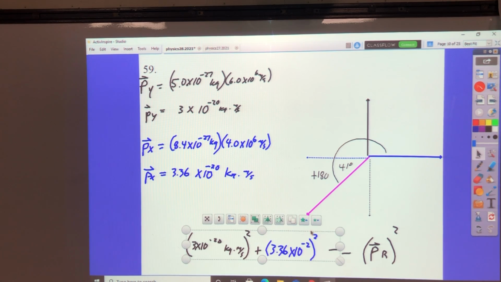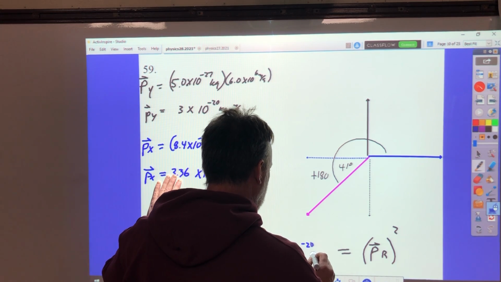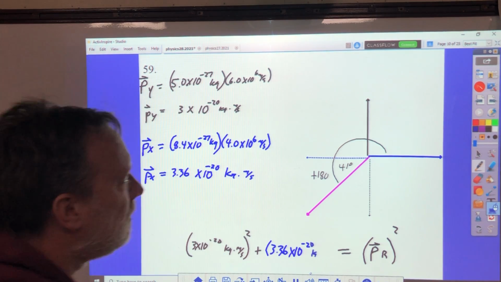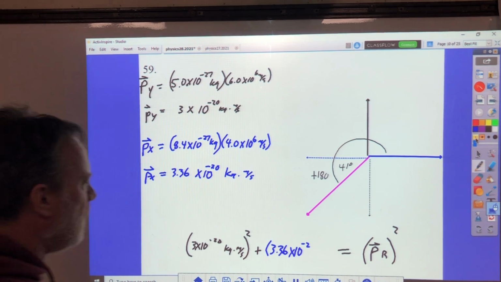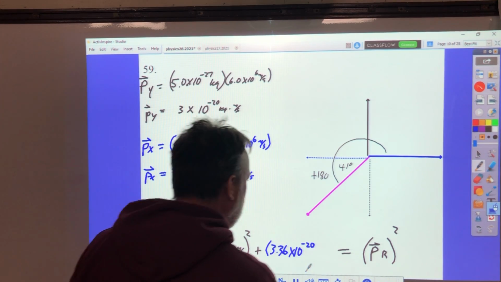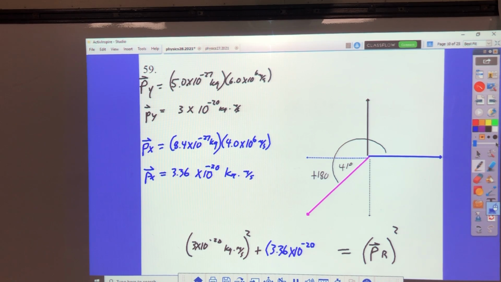Equals, let me fix this. And then take the square root of that, and you will get the momentum.